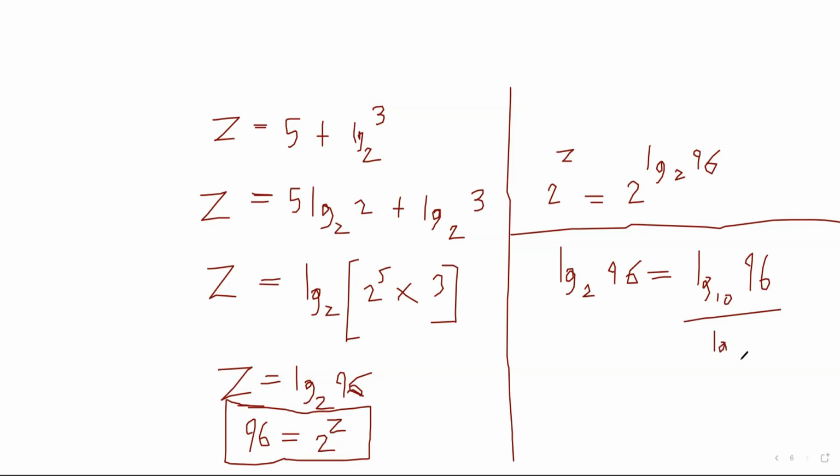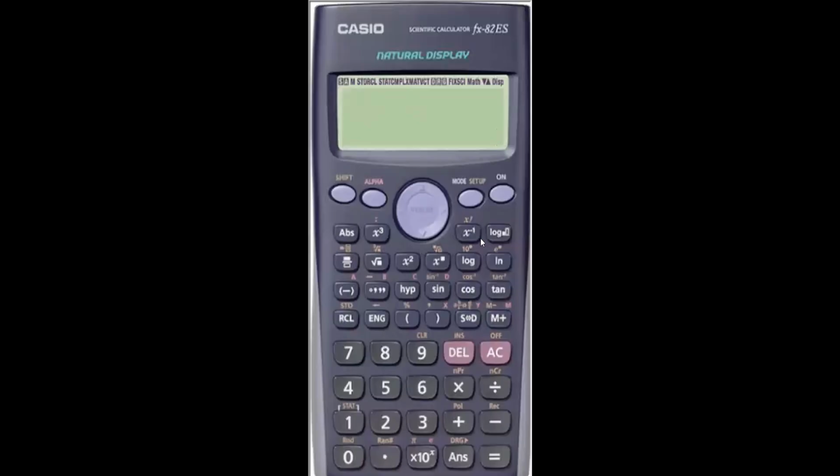Then you just work this out in a calculator. We use log to base 10 of 96 and divide that by log to base 10 of 2. When you work that out, this is what you get.